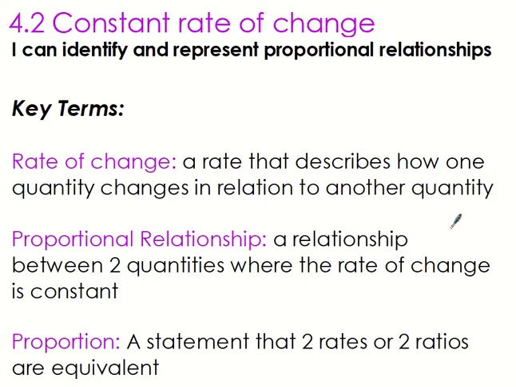But maybe the price of something doesn't change, or the amount you get paid per hour at work maybe doesn't change. So some things will be constant and some things won't.